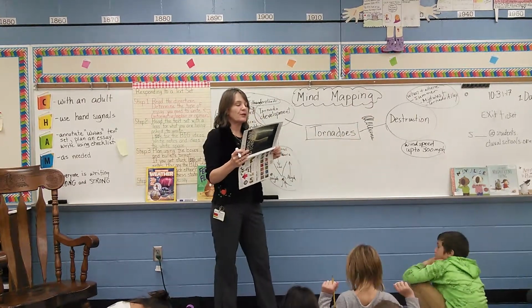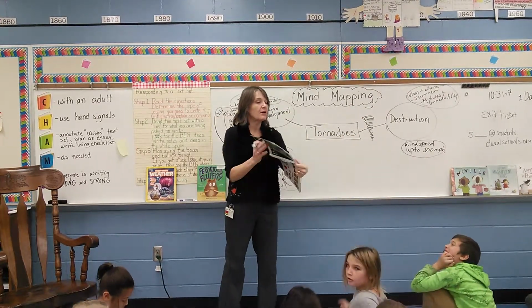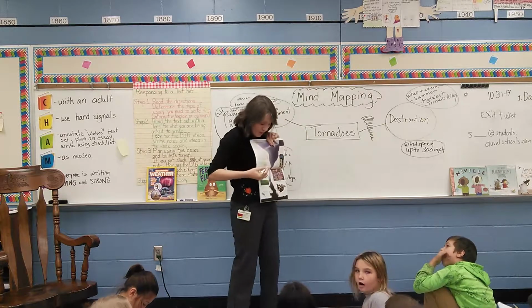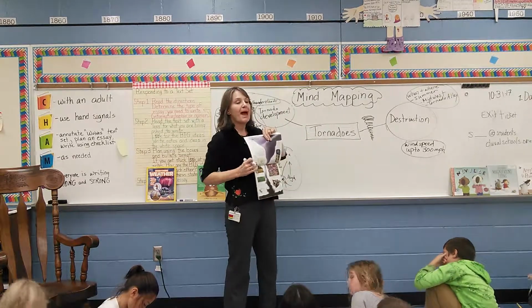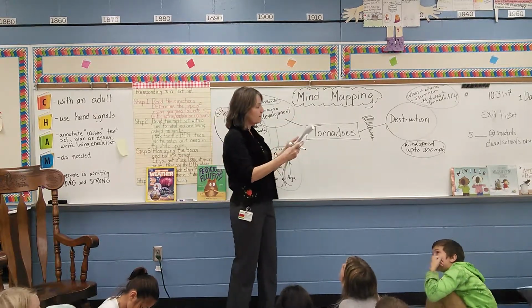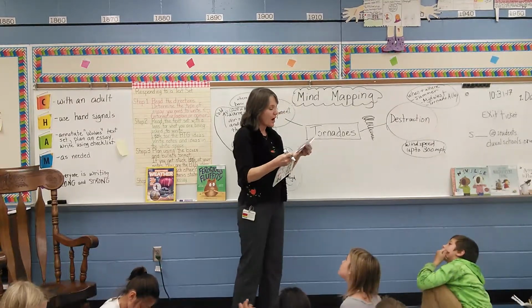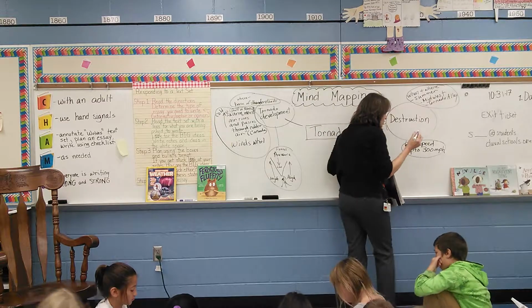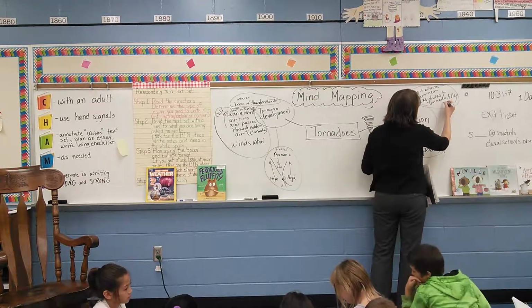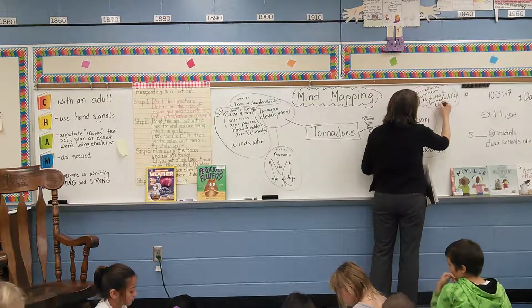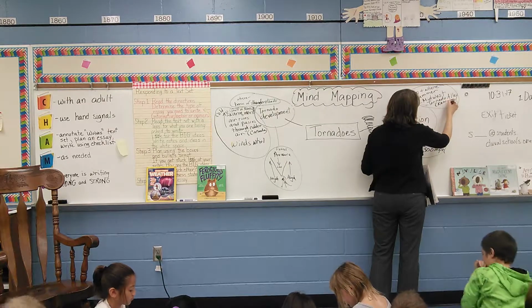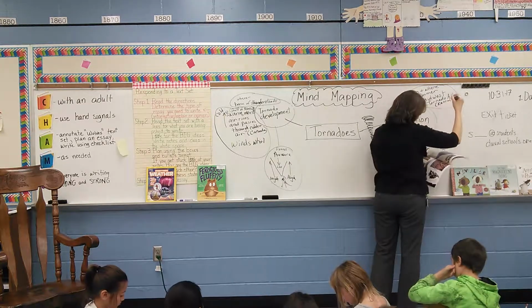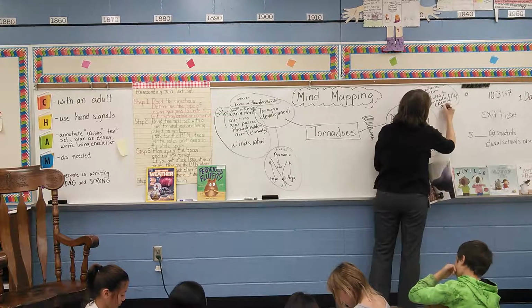Predicting where and when tornadoes will occur is extremely difficult. Now, below this is a picture and a map of Tornado Alley, and it talks about the fact that Kansas, Oklahoma, and Missouri are the states in which Tornado Alley is, okay? So we can put Kansas, Oklahoma, and Missouri.